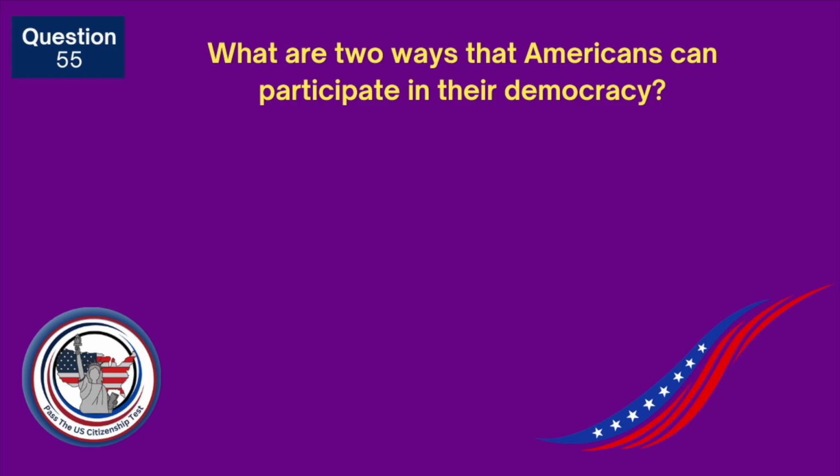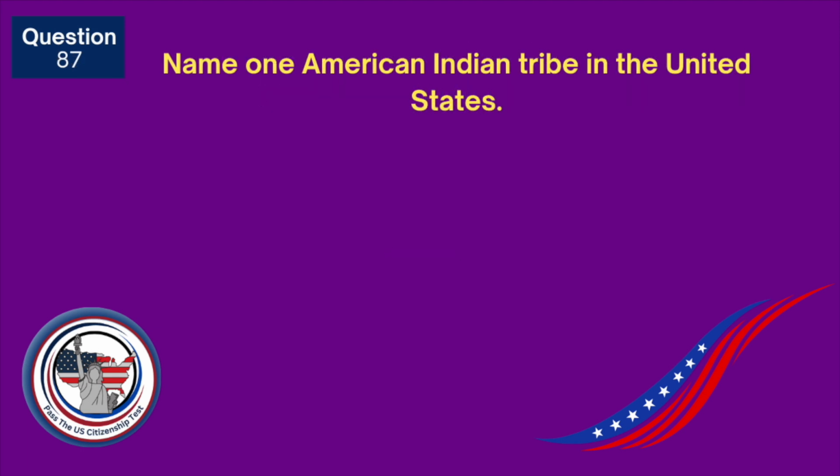What are two ways that Americans can participate in their democracy? Vote. Join a political party. Name one American Indian tribe in the United States.